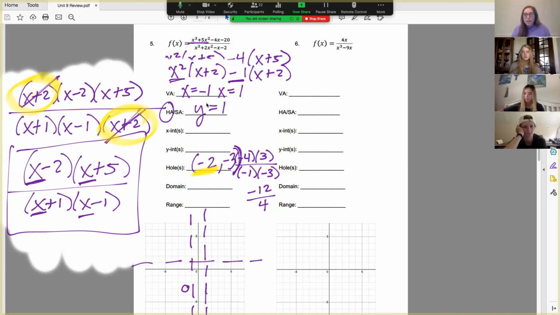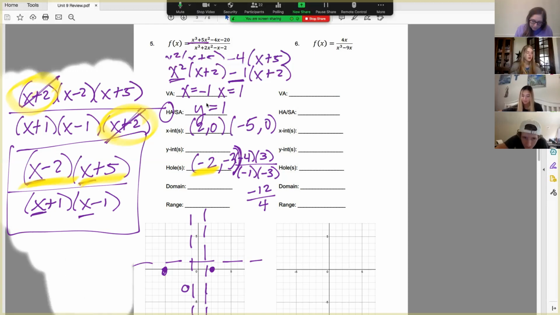My x-intercepts, I'm setting the numerator equal to 0. So I have 2 of them, one at 2, 0, and one at negative 5, 0. So plot there and here. And then my y-intercept, I am setting x equal to 0.